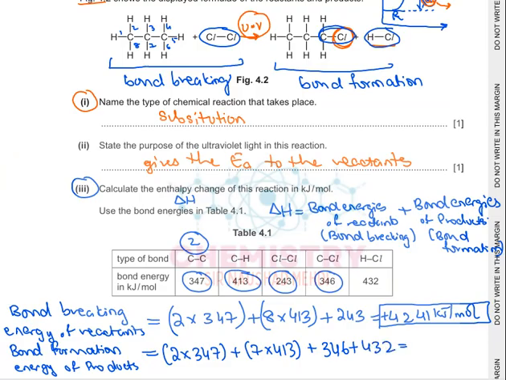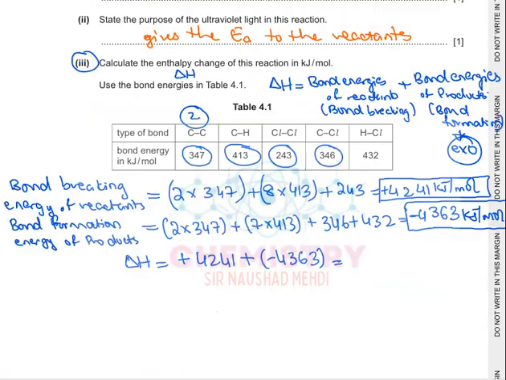Now when you sum it up, you get 2 multiplied by 347 plus 7 multiplied by 413 plus 346 plus 432. So we are getting 4363.